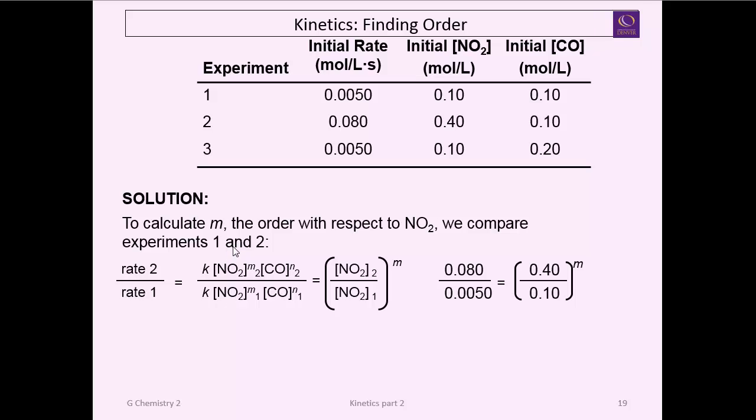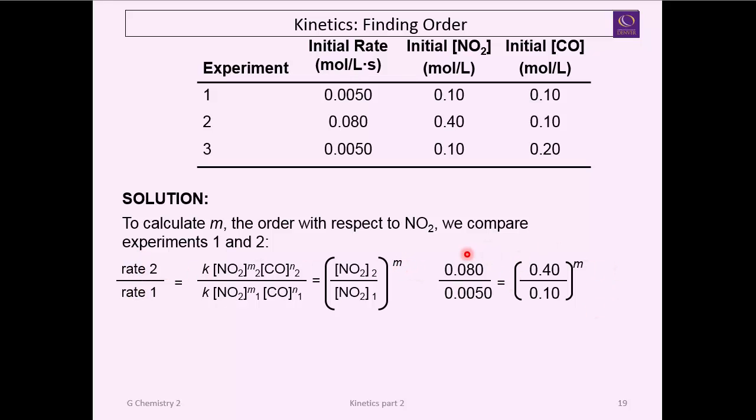This is what I was showing you, to get it down to that expression of A equals B to the M. Okay, we're going to do experiment 1, and we're going to put it underneath experiment 2. And in those cases, because you held CO constant, that CO expression is going to fall out. And once that CO cancels, you're basically looking at this expression: how does the concentration in 1 compare to the concentration in 2, raised to some power, to get the change in rate?